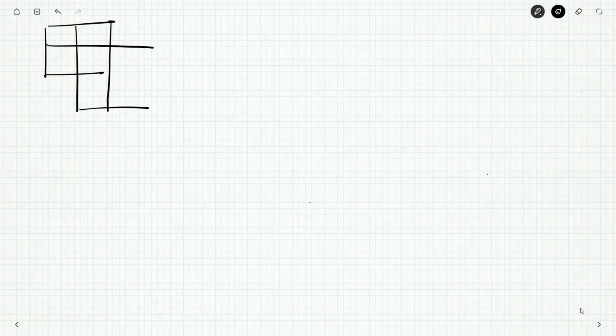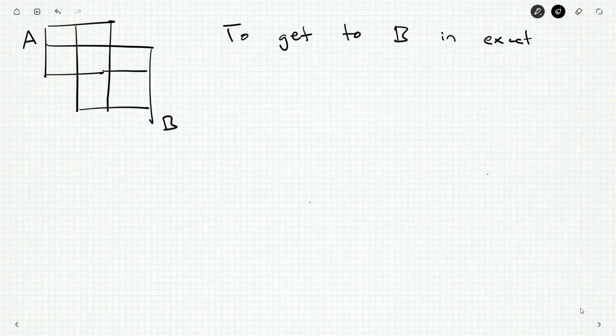Okay, so my first observation will be, from A down to B. To get to B by walking exactly 6 blocks, they never actually told us what a block is, but I'd say it's pretty clear what it is here.